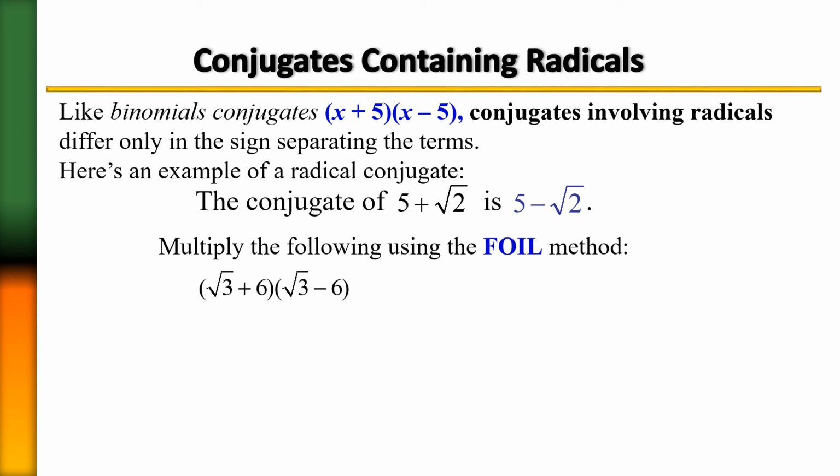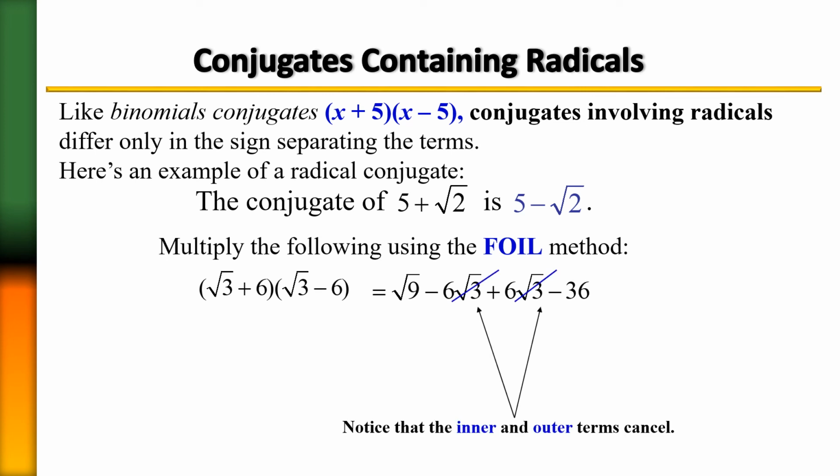So if I do all of the letters, F-O-I-L, what you're going to see here is, take a look at outer and inner. Outer and inner are opposites of each other, and that is the reason why you only need to do the F and the L. It's just extra pencil work because it's always going to cancel out. So the bottom line is square root of 3 times square root of 3 equals square root of 9.